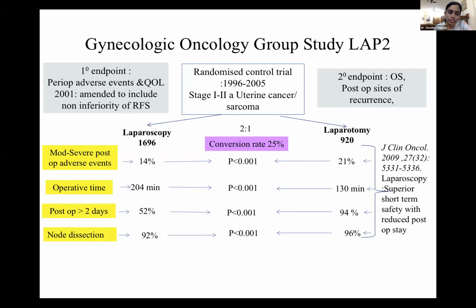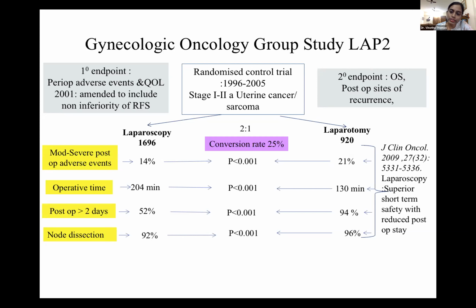The first series was published in 2009, which showed the laparoscopic arm to have reduced moderate to severe post-op adverse events, with longer operative time, reduced post-op stay, and fewer numbers undergoing lymph node dissection, which didn't make a difference to the stage-wise stratification.